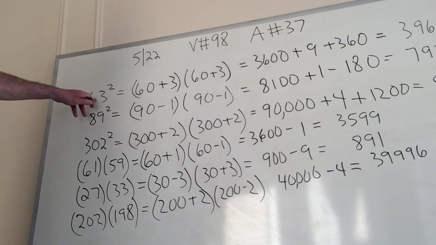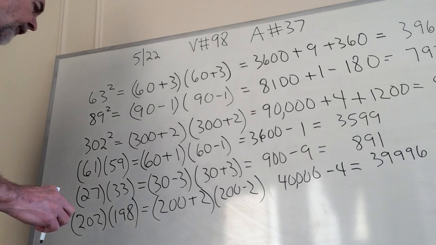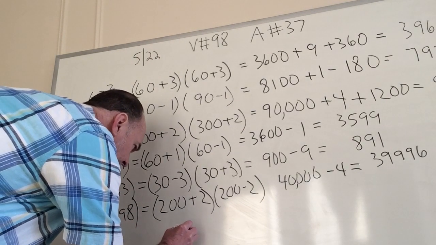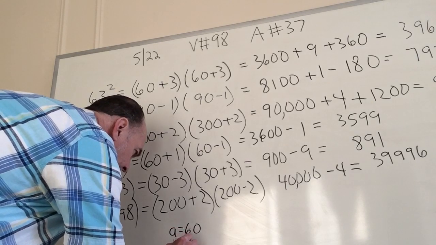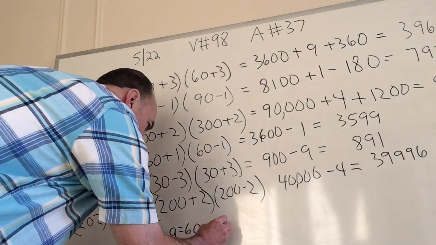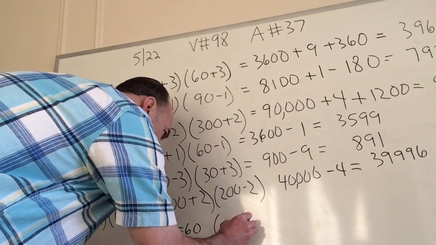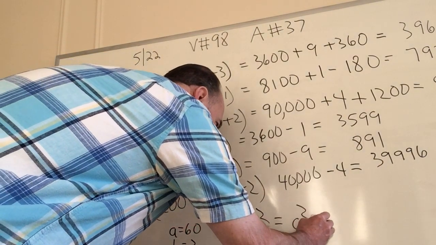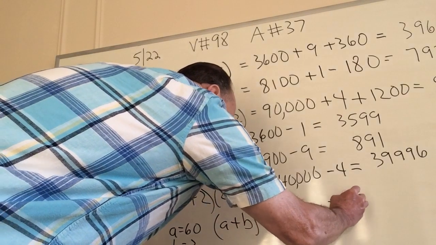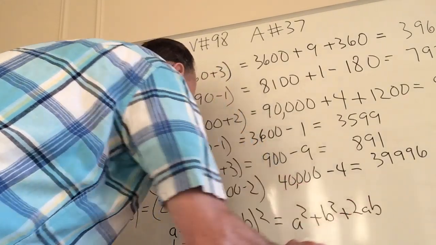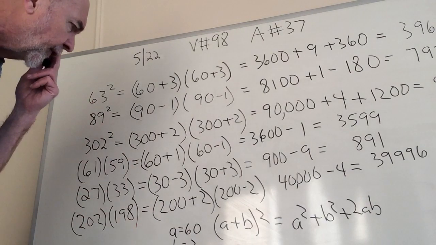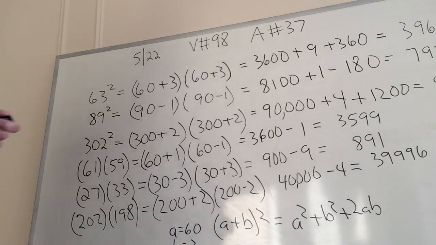When I talk about 63 squared, I'm thinking of 2 numbers, and I'm turning A into 60 and B into 3, and then I'm just thinking (A plus B) squared, and I'm using A squared plus B squared plus 2AB that we verified many times. So I sort of turned 63 into 2 different numbers with 2 variables. You should really be understanding what I just did there.